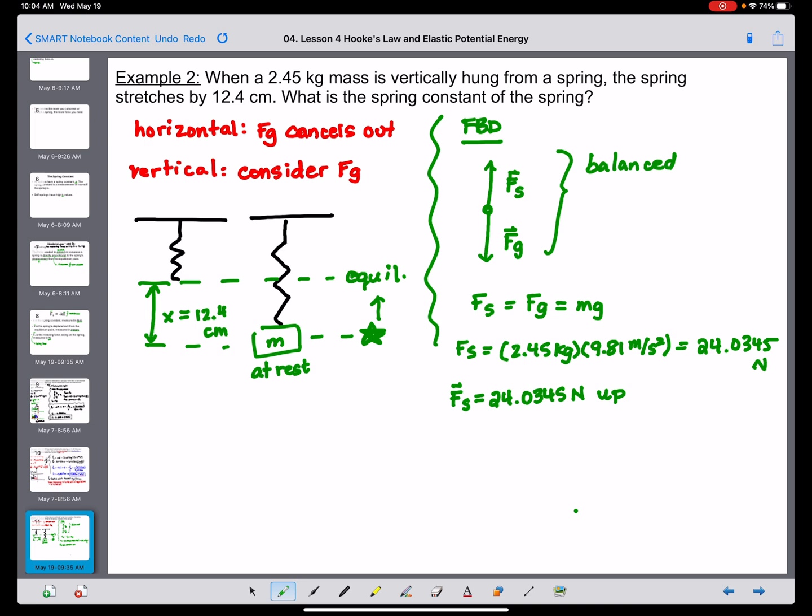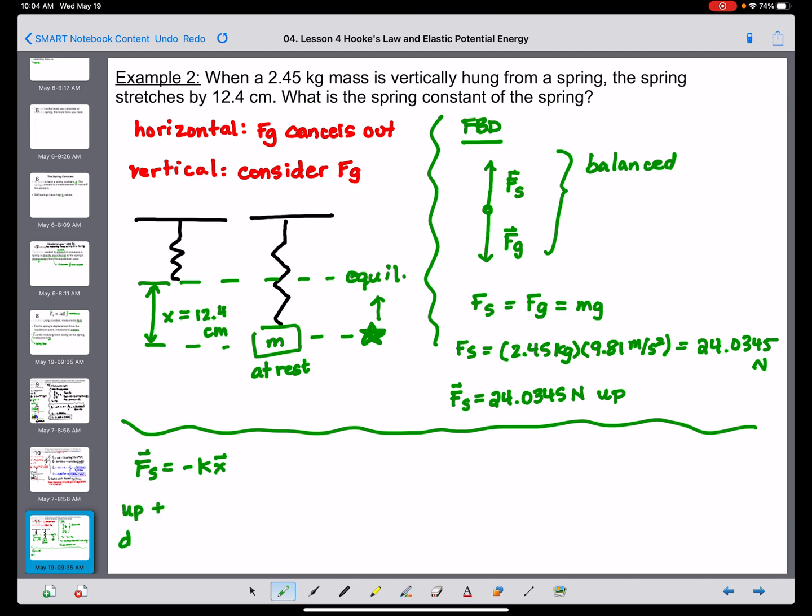Okay, so now for the final part of this, we're supposed to be finding the spring constant. So now we can use Hooke's law. Okay, so Fs is equal to negative Kx. When you are ready to use Hooke's law, you should define your directions. So I'm going to make up positive, and I'm going to make down negative.